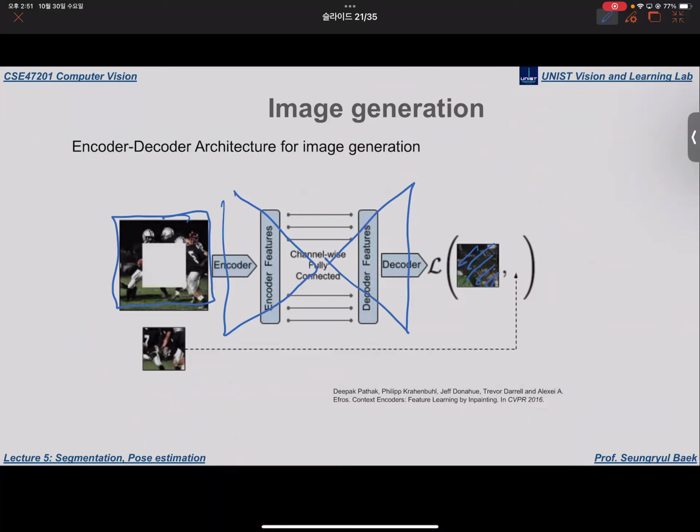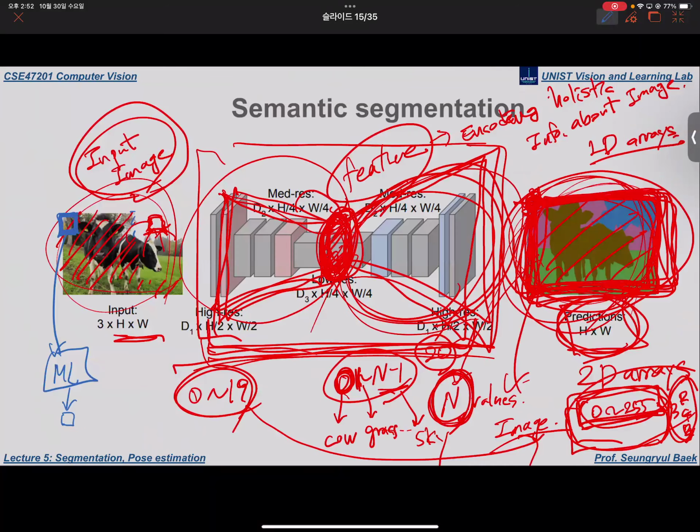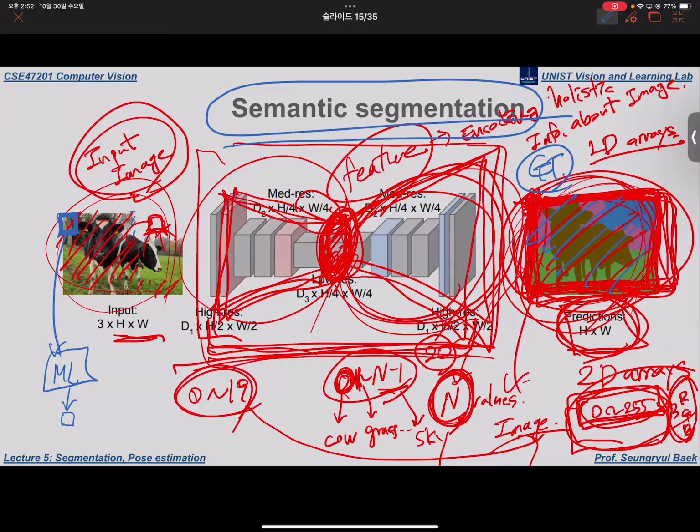This time, the training becomes even easier, because in the semantic segmentation case, you have to annotate the ground truth with manual effort. You have to generate the semantic segmentation map pixel-wise by yourself.